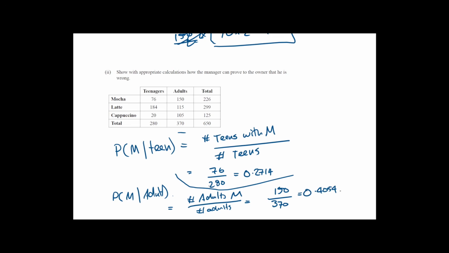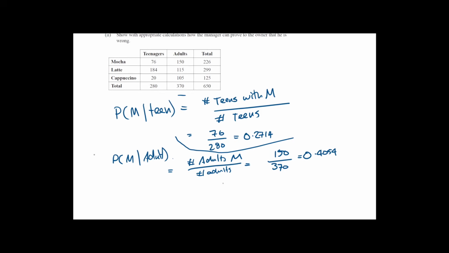Okay, now we are sort of there. This really is a relative risk problem. So the relative risk of being a mocha drinker is going to be the percentage of mocha drinkers given that you're an adult, which we've worked out, divided by the probability that you're a mocha drinker given you're a teen, which we worked out up here.